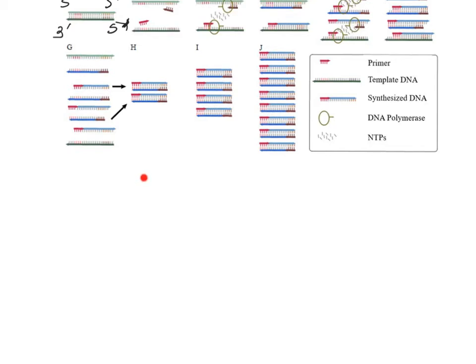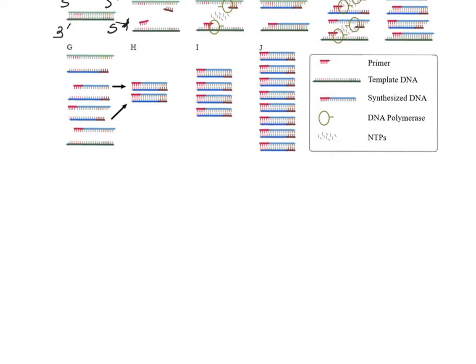What you do is you use a series of temperature melting. So you increase the temperature, and that causes the parent strands, the template, to separate into its two strands.